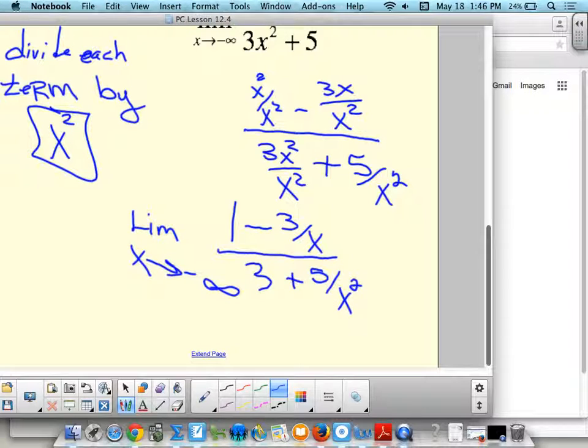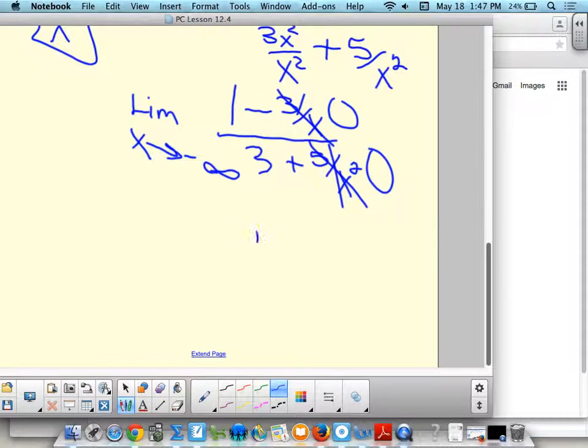You're substituting what numbers in? Negative infinity. So start substituting in negative 10,000, negative 50,000. Well, all that's going to do is make this number approach what? 0. This number also approaches 0. Final answer? What's the limit? 1/3.